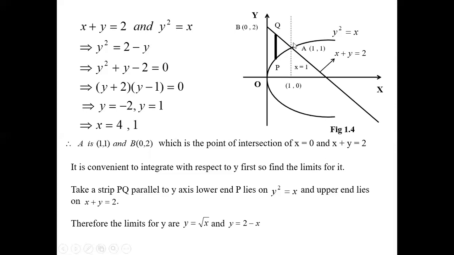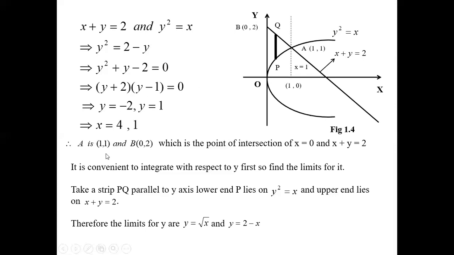Here again try to understand, either you can take a strip parallel to the x-axis or parallel to the y-axis. If you take it parallel to the y-axis, then for the lower limit of y, the strip starts from the point P, which lies on the curve y square is equal to x. Therefore, y is equal to root x at this point, and at the upper point, y is equal to 2 minus x.